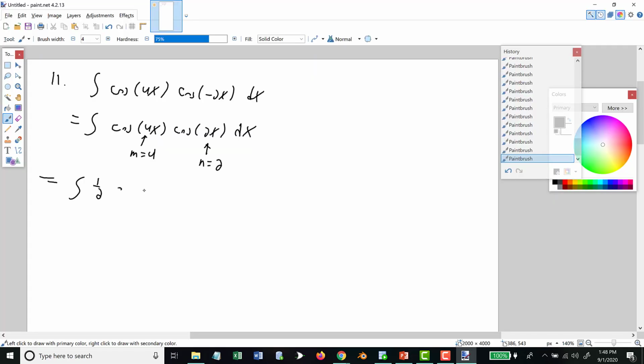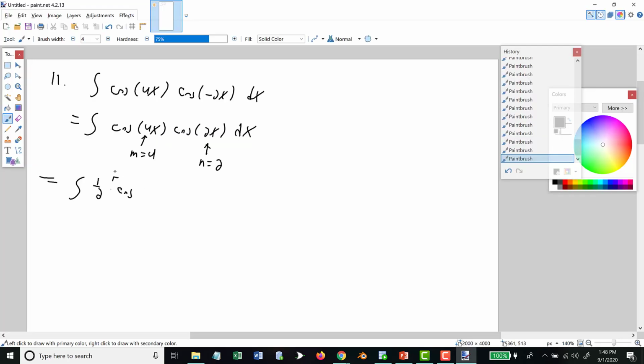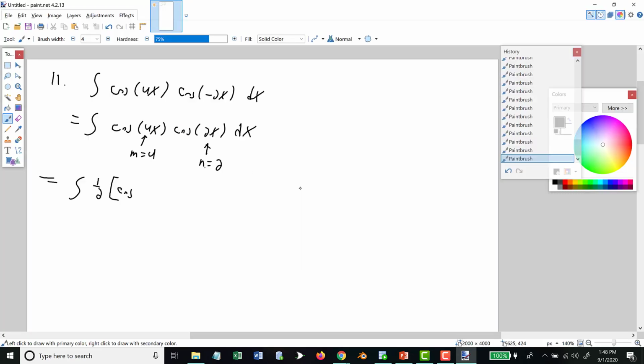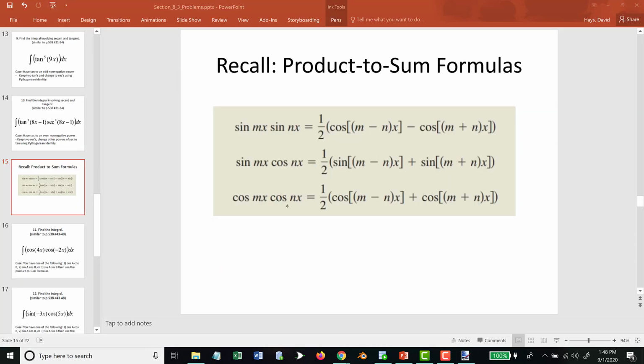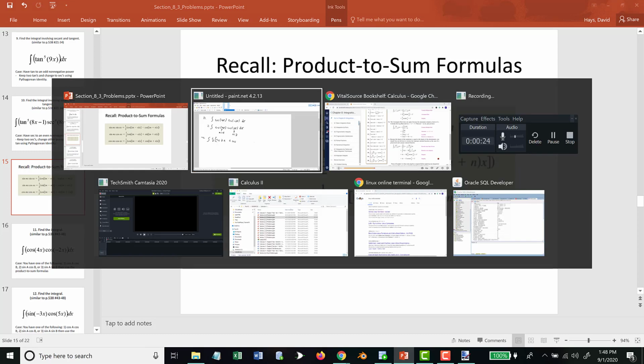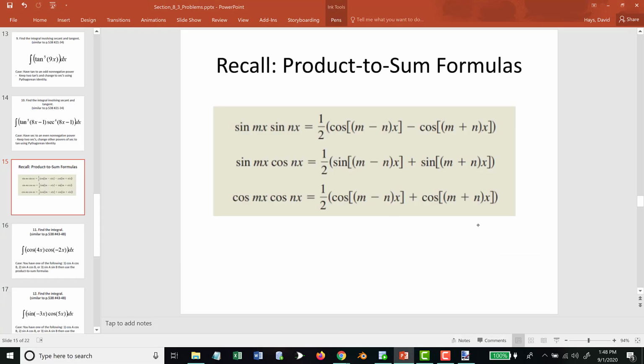It's 1/2 times cosine, and then I've got m minus n. 4 minus 2 would give us 2x. And then plus cosine, and over here is m plus n. 4 plus 2 is 6. That gives us 6x dx.